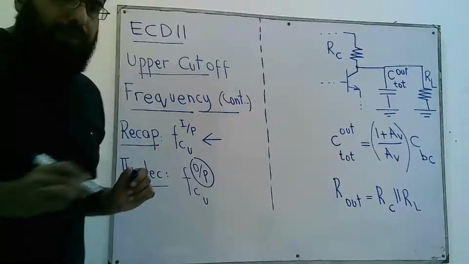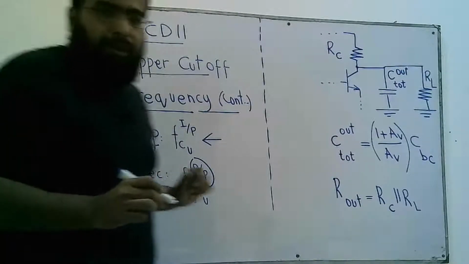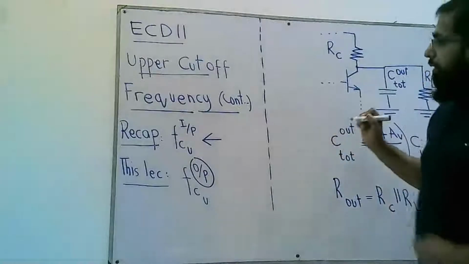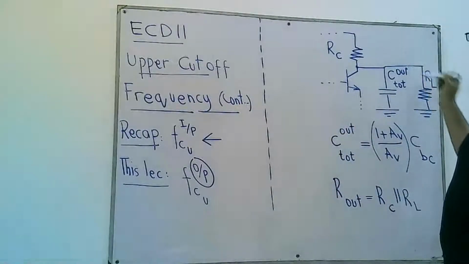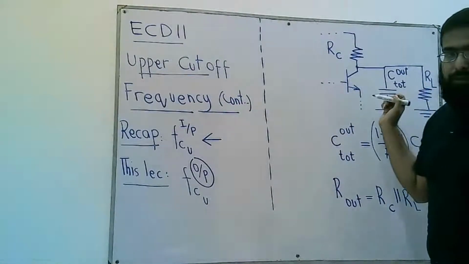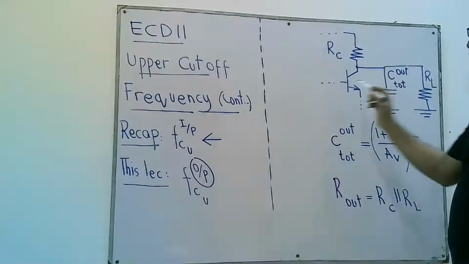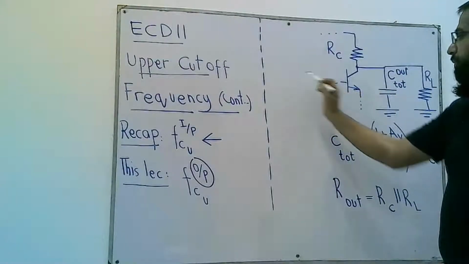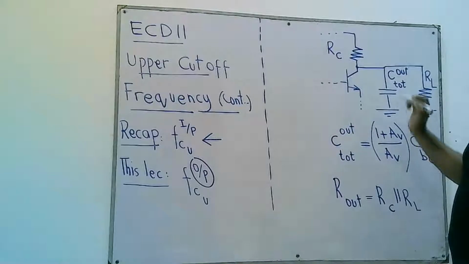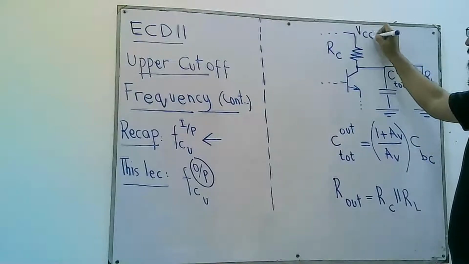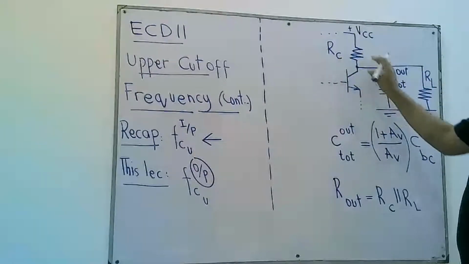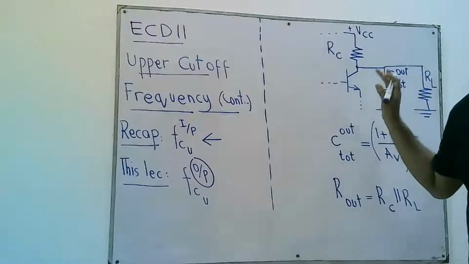Here I have drawn the same BJT amplifier that we studied in the last lecture, with the difference that I have not drawn the input side. I have drawn only the output side of the network.